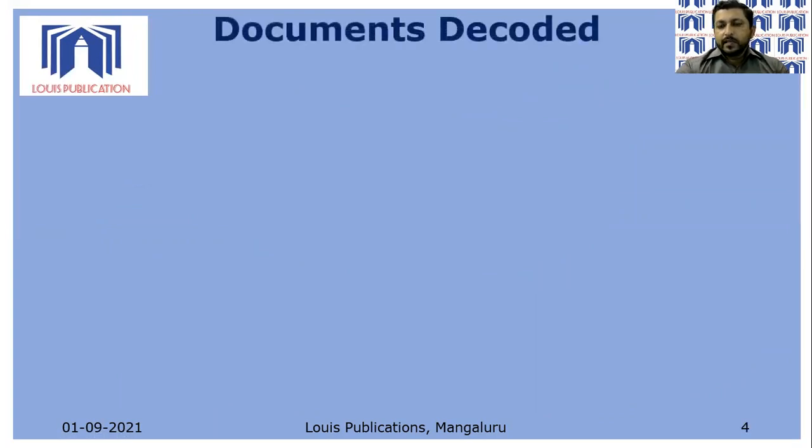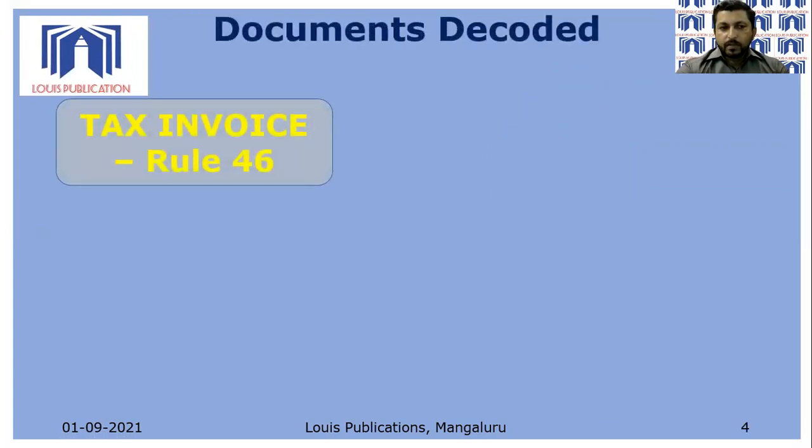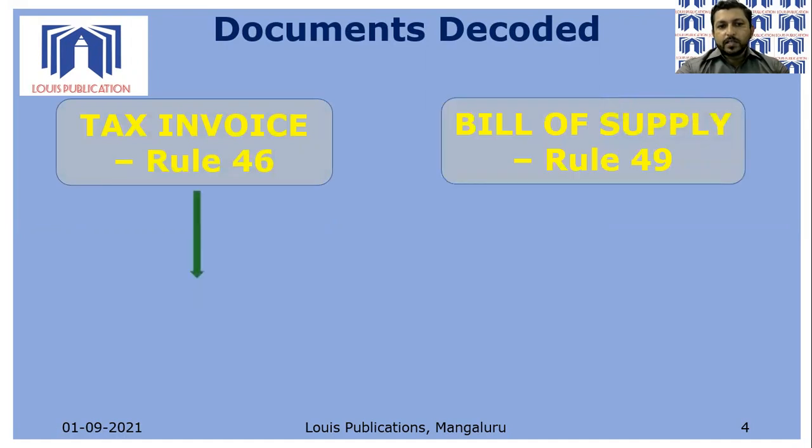Now let's understand the documents one by one. The first thing that we are going to discuss is the tax invoice, which is covered under Rule 46. What is this tax invoice? There are two kinds of registration a supplier can avail under GST. One is a normal registration, where he is going to pay input tax on his inward supply and collect output tax on his outward supply.